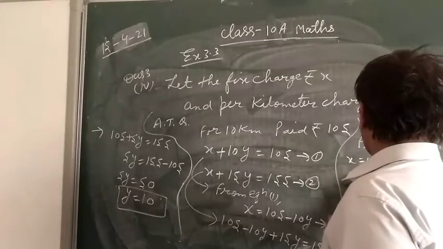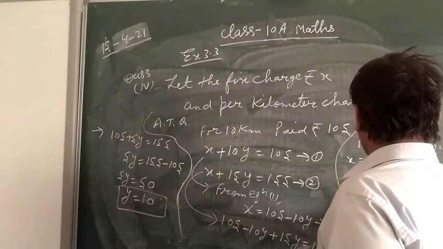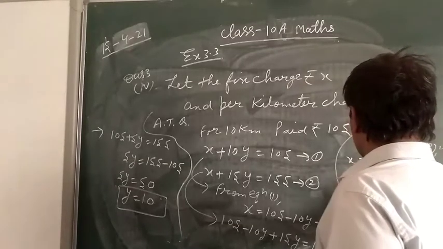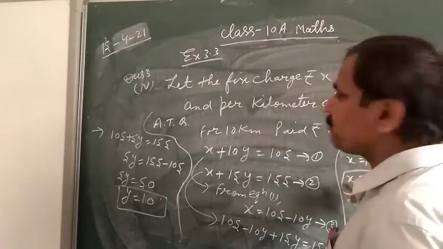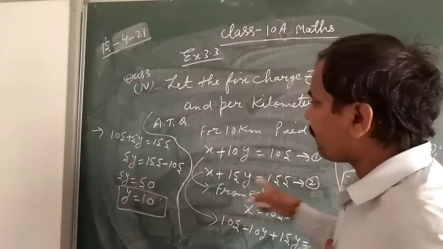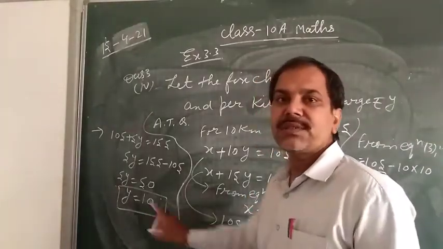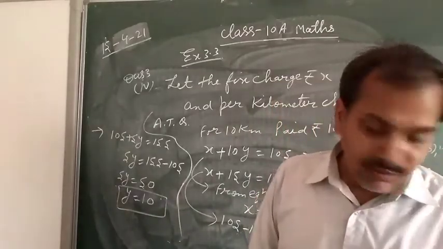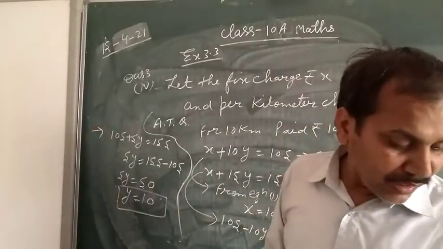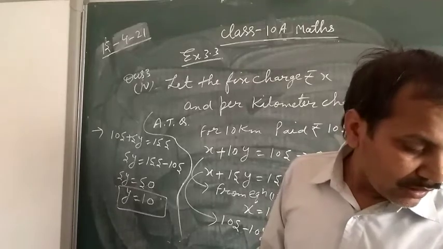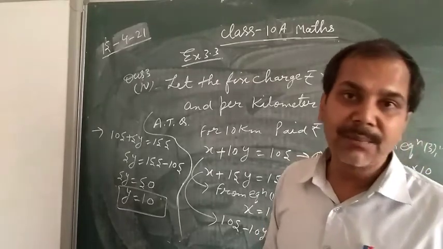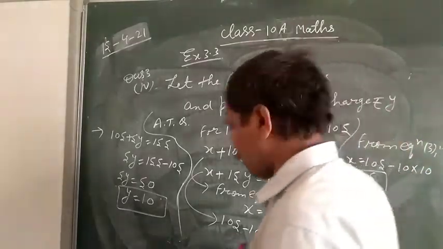So 10 into 10 is 100, 105 minus 100 is 5. That means the fixed charge is rupees 5 and the per kilometer charge is rupees 10. And it is also asking how much a person has to pay for 25 kilometers.